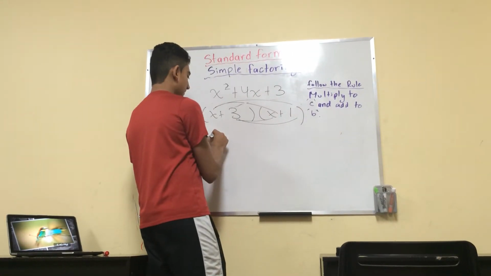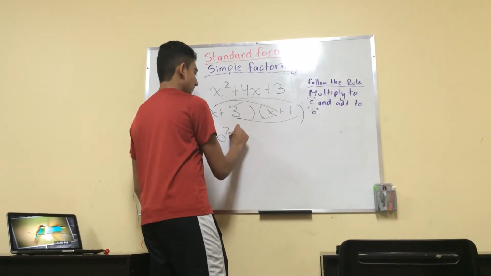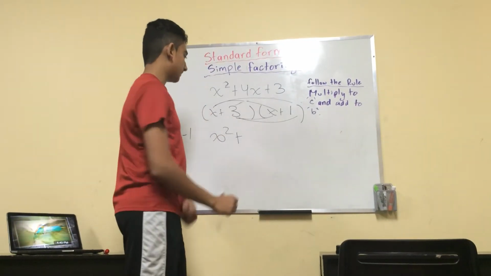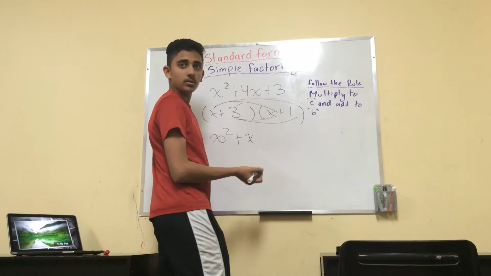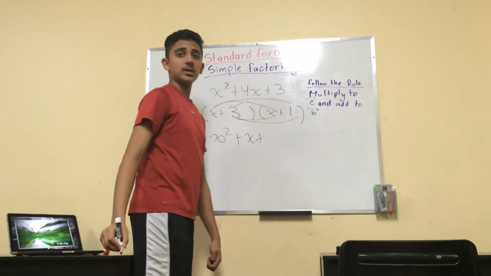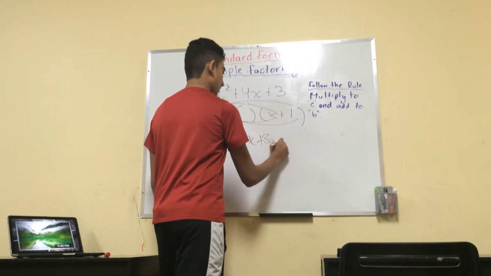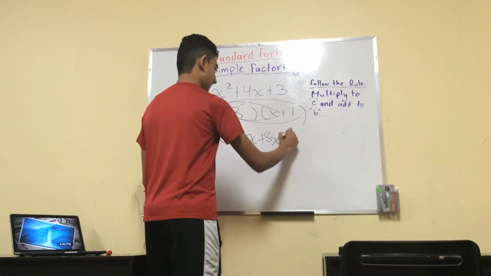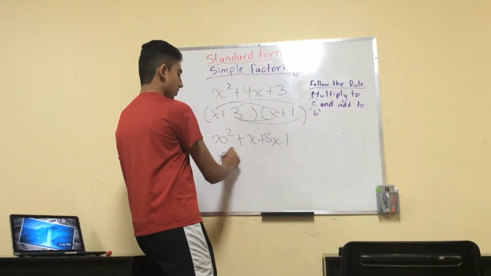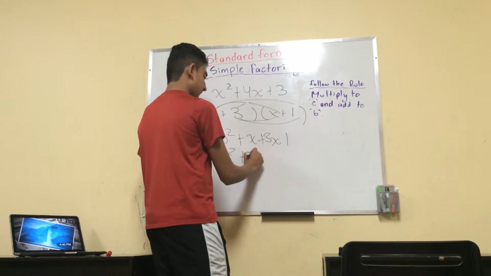What's x times x? X squared. What's x times 1? 1x, or x. Plus, what's 3 times x? 3x. And what's 3 times 1? 3.